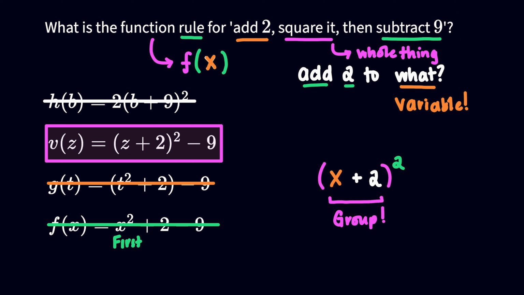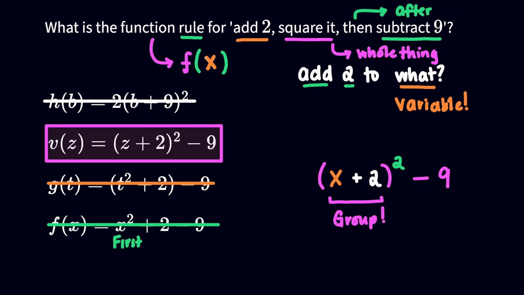Now, at the end of the day, the final step, they said then, so after, we want to subtract 9. Literally, minus 9. Subtract 9. And just as we read from left to right, we are progressing left to right as well. So we want to do all of this and then minus 9.